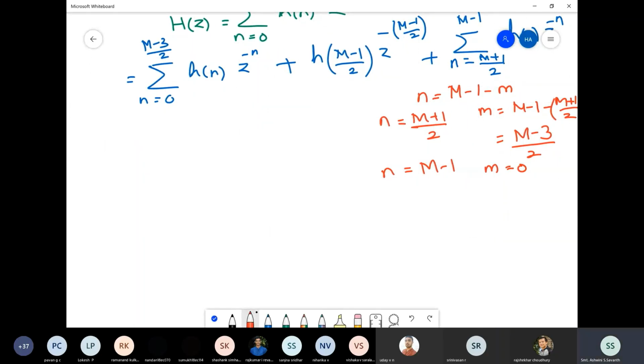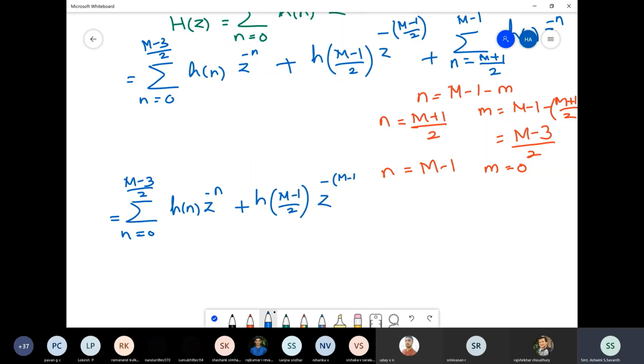So the first term, we just keep it as it is, n from 0 to m minus 3 by 2, h of n z to the power minus n, plus h of m minus 1 by 2 z to the power minus of m minus 1 by 2, plus summation, okay, small m from m minus 3 by 2 to 0.